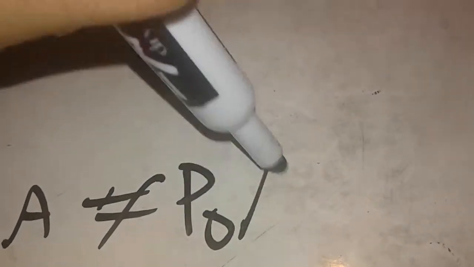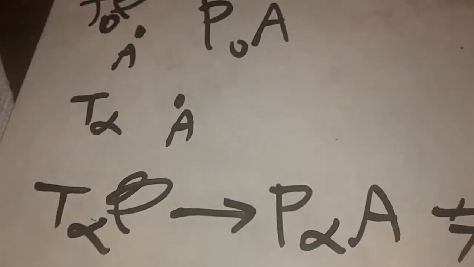T sub alpha. So we know that for t sub alpha of beta, this yields something where the position sub alpha of A is not equal to the position sub 0 of A. It changed over time, just like that.